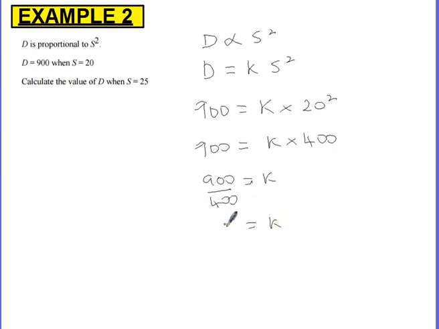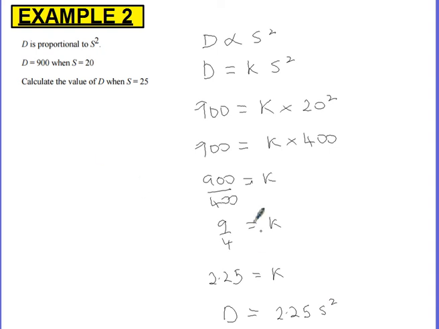So K is 9 over 4, which we could, if we wanted to, write as 2.25. So our formula that we're going to use is D equals 2.25 times S squared, and that's what we use for our formula.